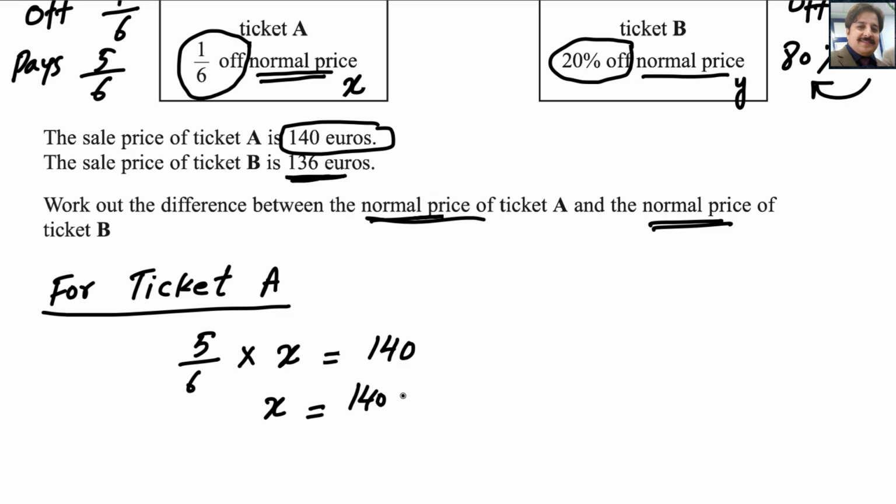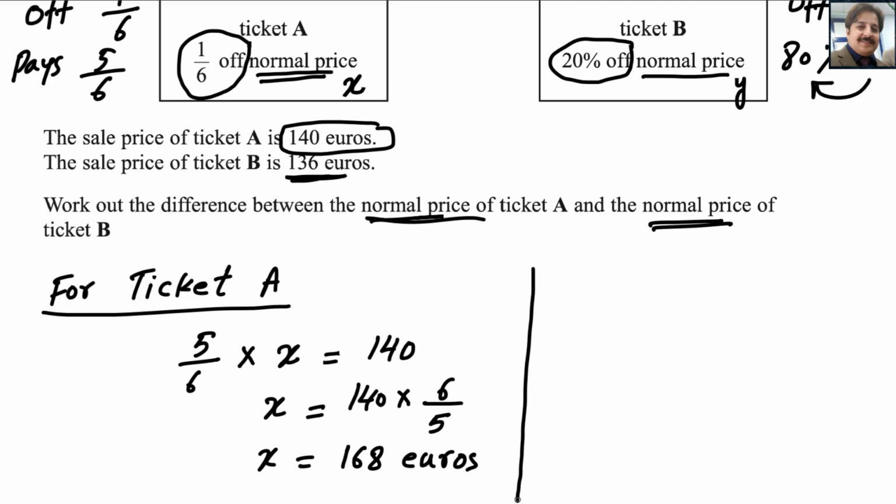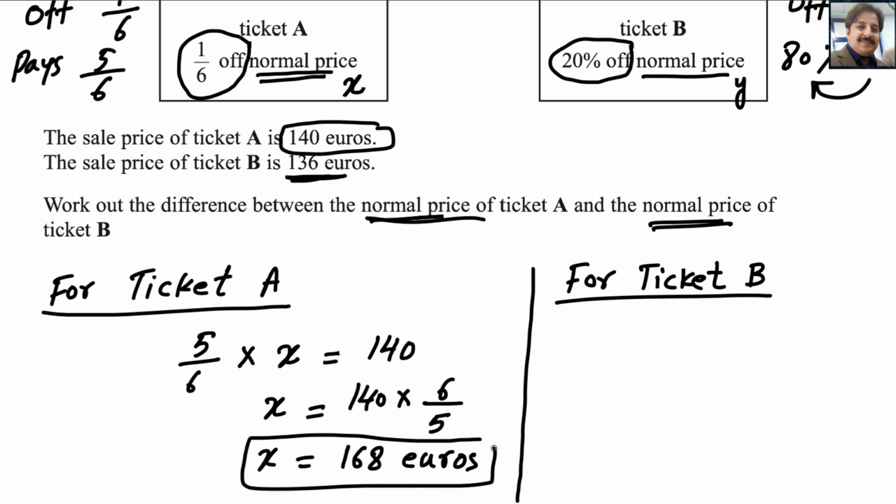So it will be 140 multiplied by 6/5. Use a calculator, you will get the answer. It will be 168 euros.